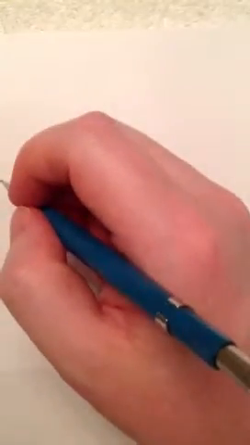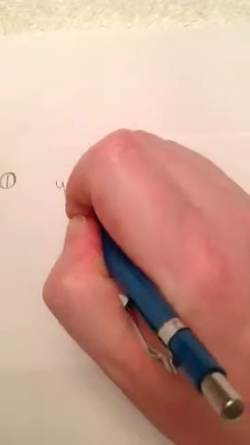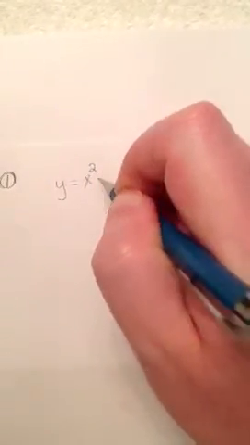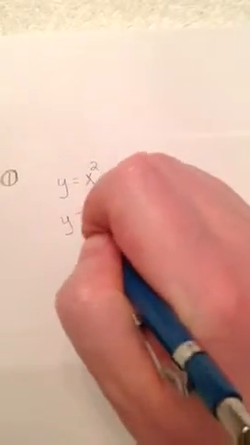In the case of the very first item, we have y is equal to x squared, y is equal to 12 minus x.